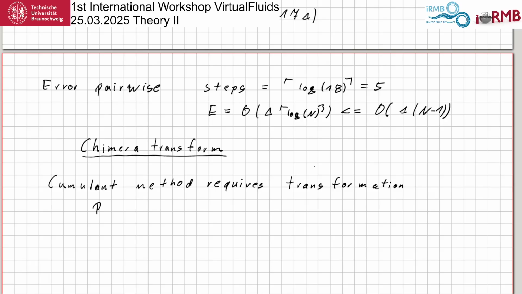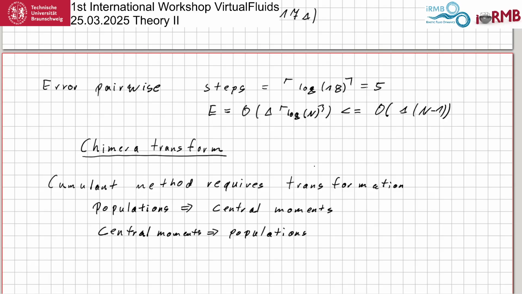So we go from the populations to central moments. And then we do the collision, and then we have to go from central moments to populations. In between, we also have to go to cumulants.